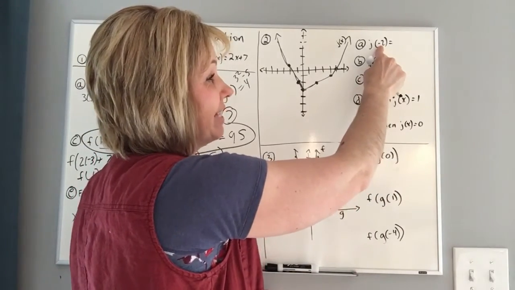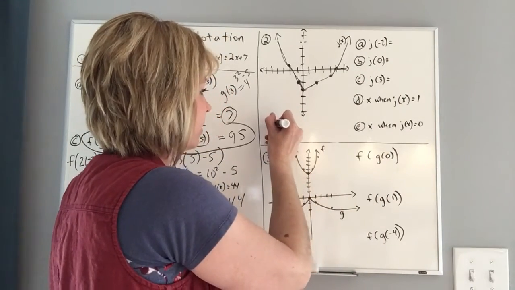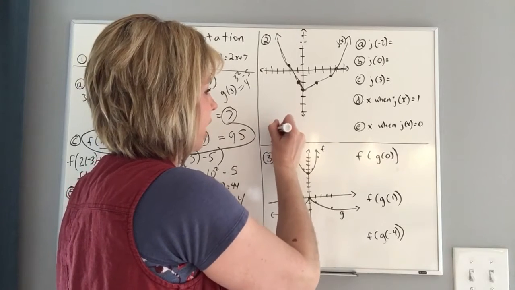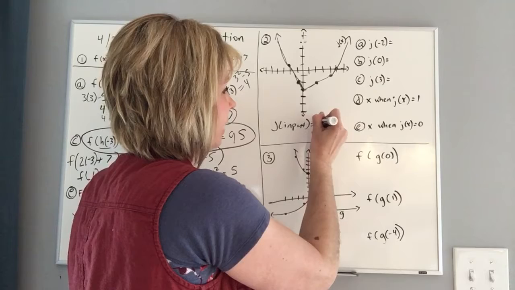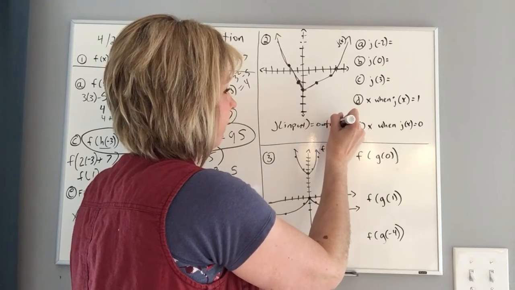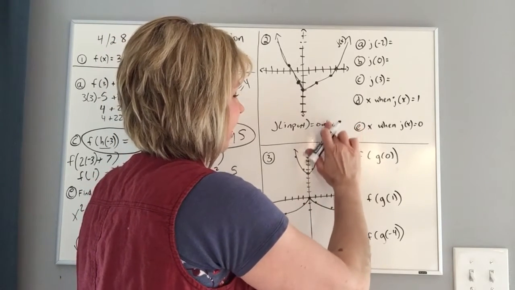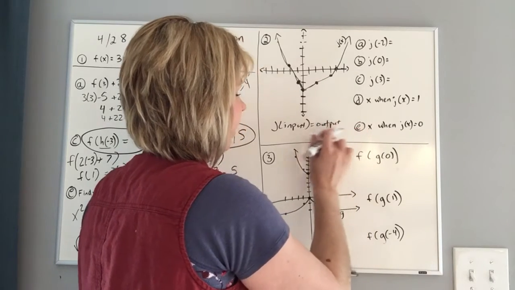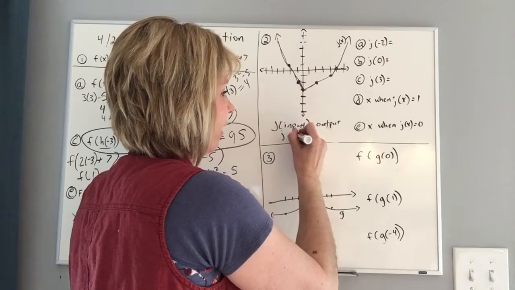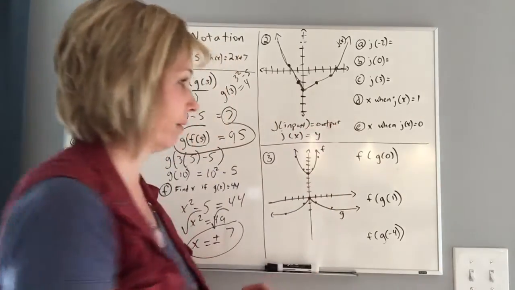Your input is -2. Remember, if this is my function j, it's j of input equals output. Output. I can't spell right today. Output. Okay, so j of x would equal your y.